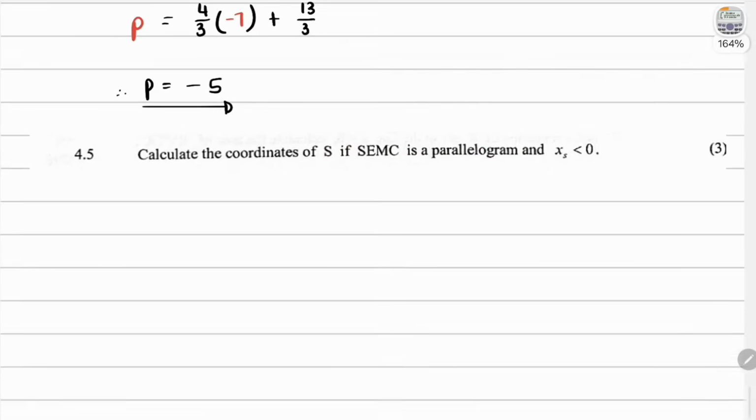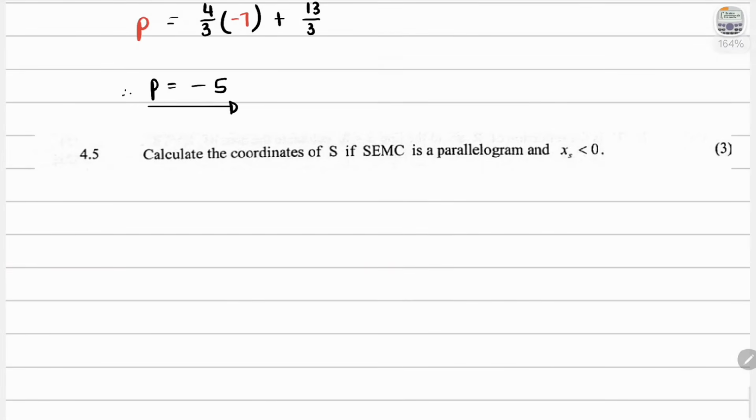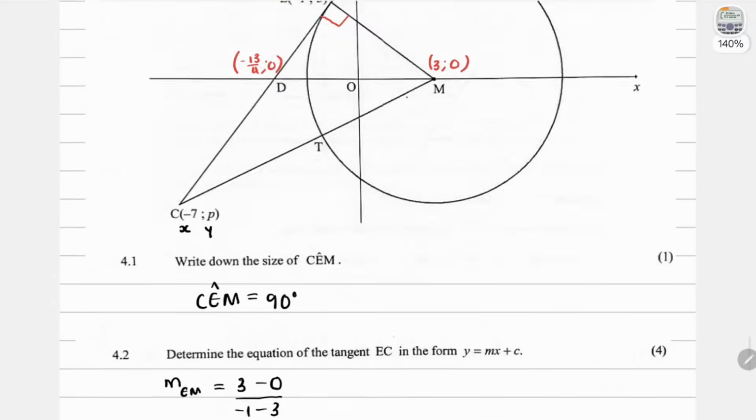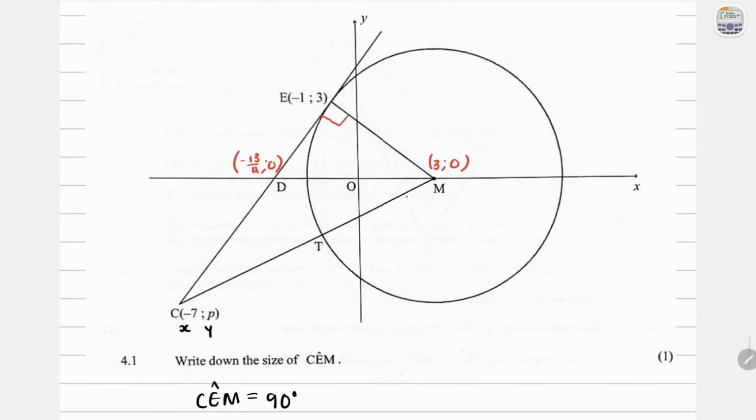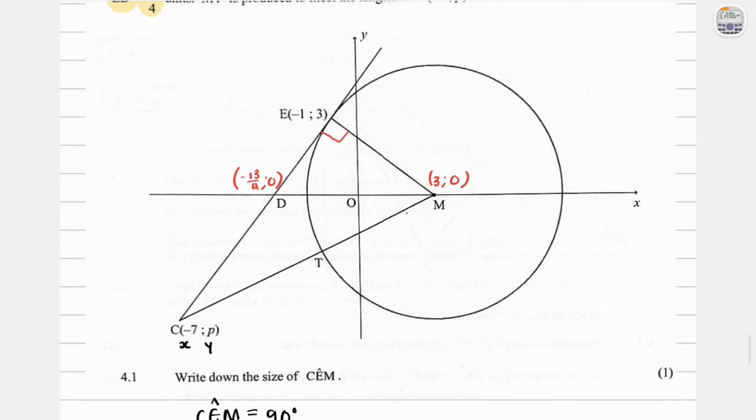The next question says, calculate the coordinates of S if SEMC is a parallelogram and the x value of S is less than 0. Let's see where SEMC is going to go. The x value of S is negative, so it's going to lie here. It could be somewhere like here, right?